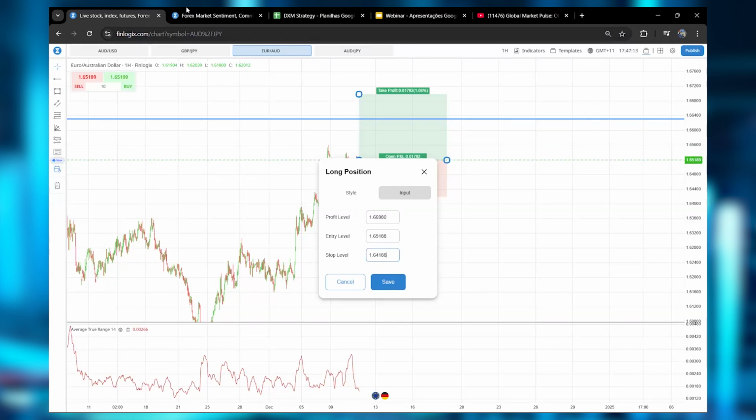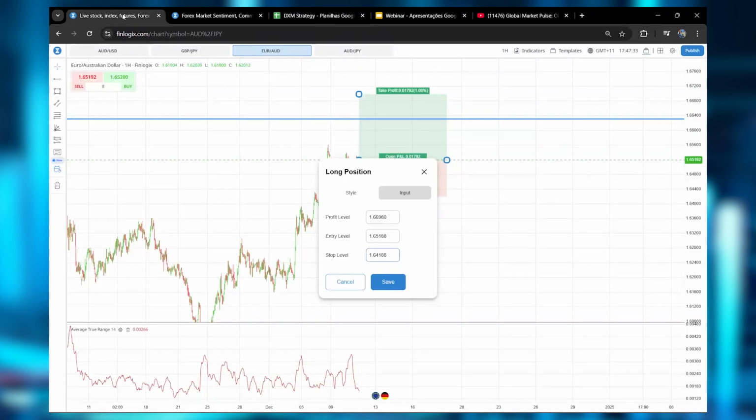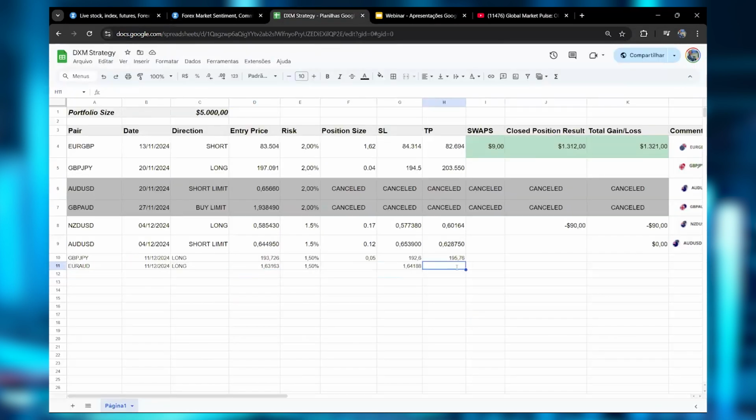Yeah, 164.188. And then the profit level is 166.980. Okay, done.